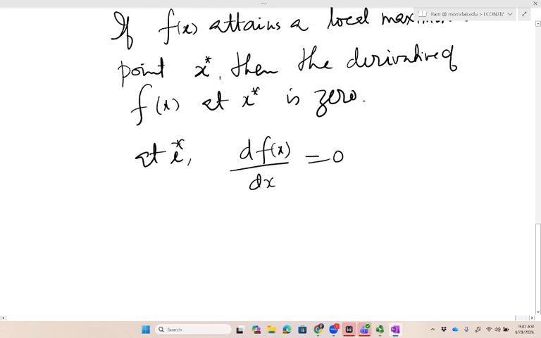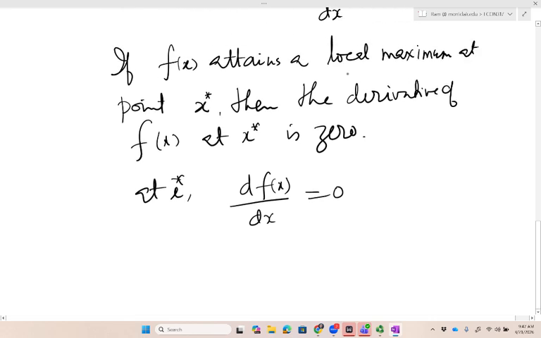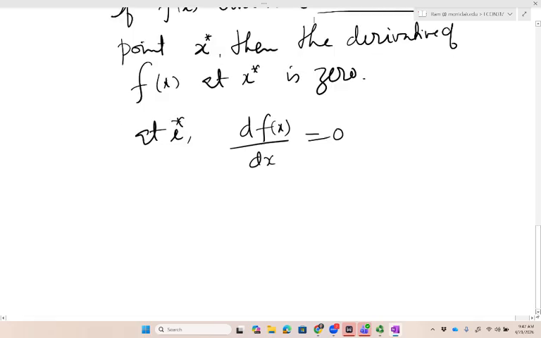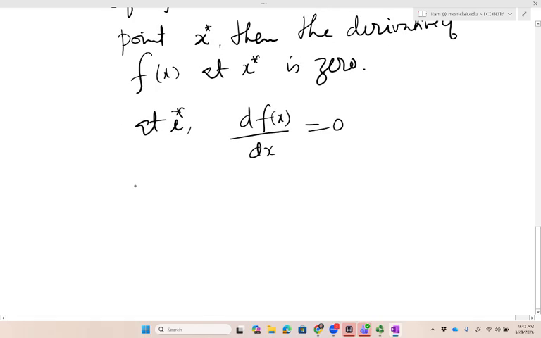This was the situation when we know that the function has obtained a local maximum. But we also saw from the graph the same condition holds even when we have the function attaining a local minimum. So I will write that also for the sake of completeness.